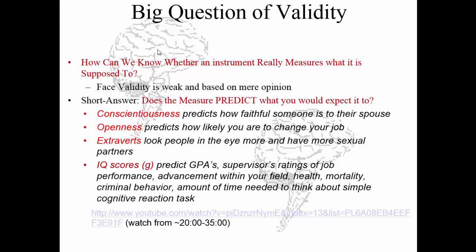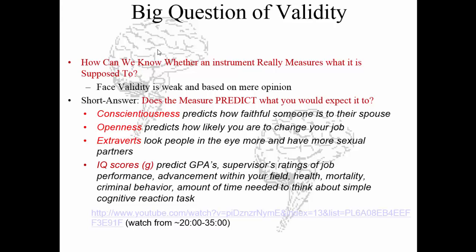Supervisor ratings of job performance: IQ tests have been shown to predict that to some degree. Advancement within your field: once you get there, does IQ predict how far you advance? It does seem to. It predicts some health outcomes, relatedly death. High IQ people tend to live longer, a little bit.